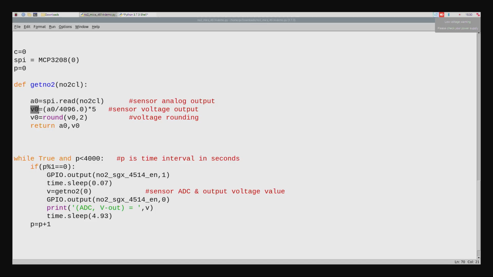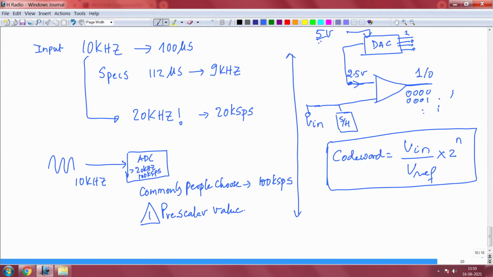Next, you want to know what is the sensor voltage output. What do you do? It was quite simple. You are interested in the input voltage, which you can get from this expression: code word divided by 2 power n times Vref.